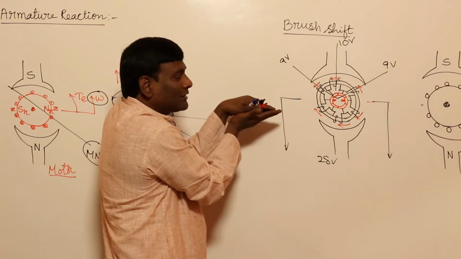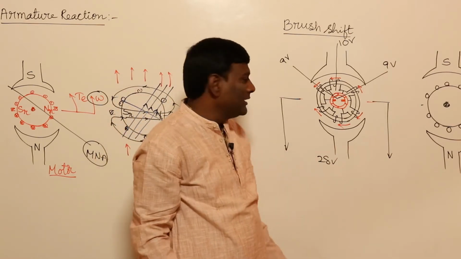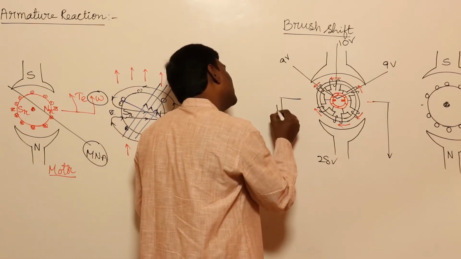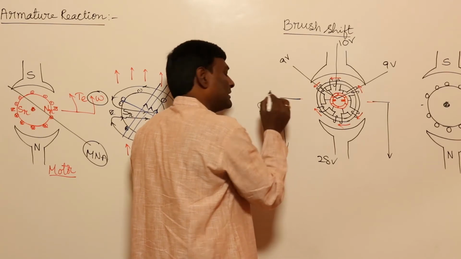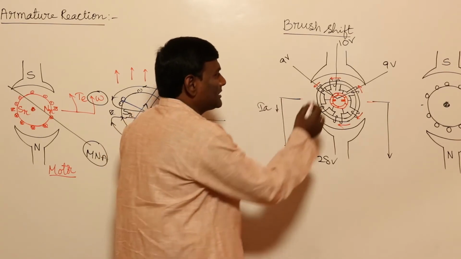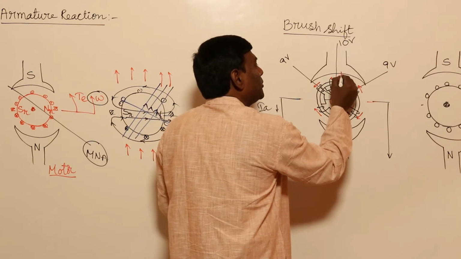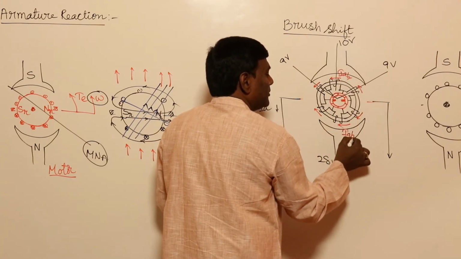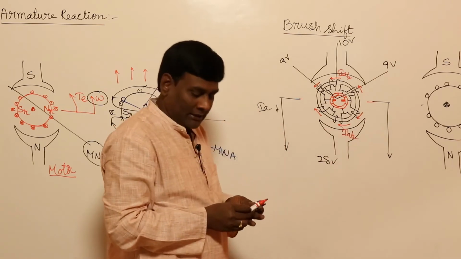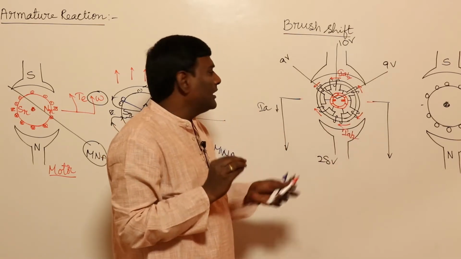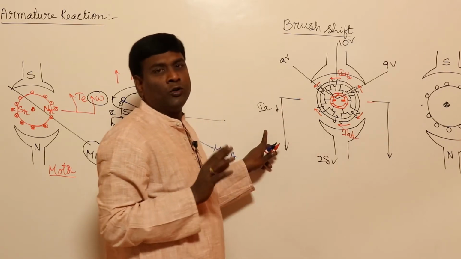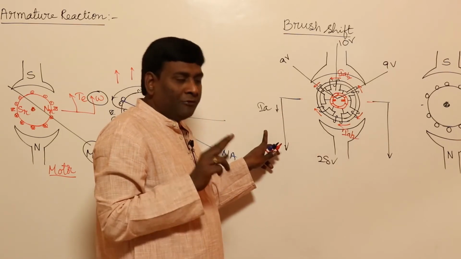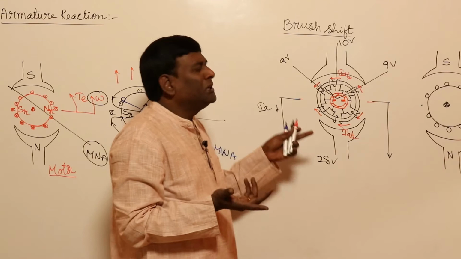So both conductor currents together form the net current. If I think of the output current as IA, the armature current, how much current will be given by each path? IA by 2. Total is IA, because two parallel paths are there. If I have A number of parallel paths, IA by A will come.